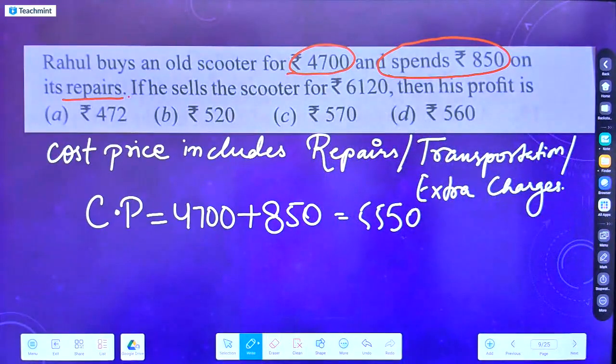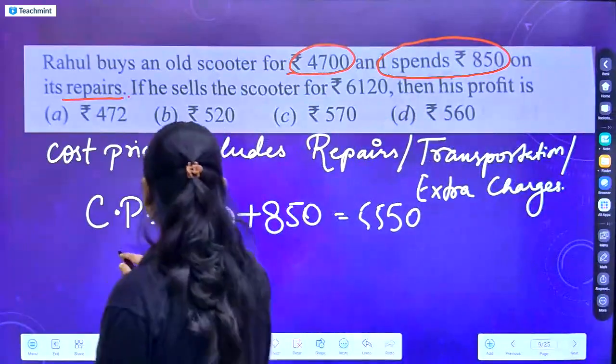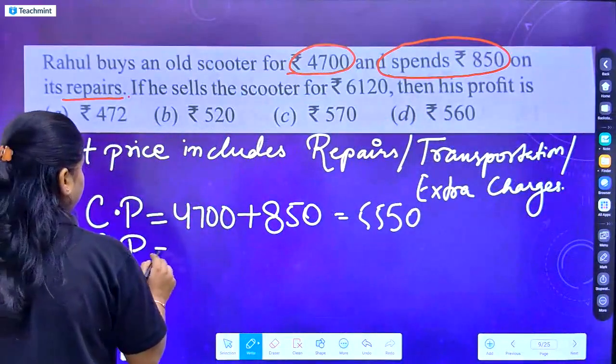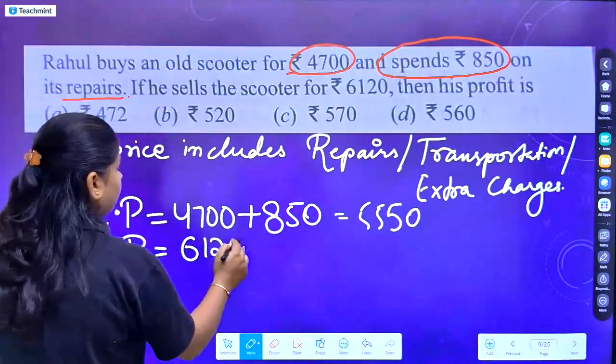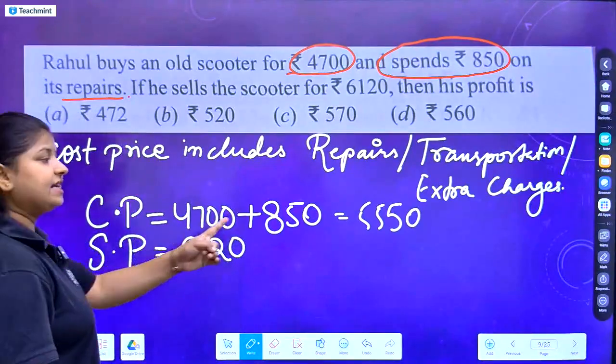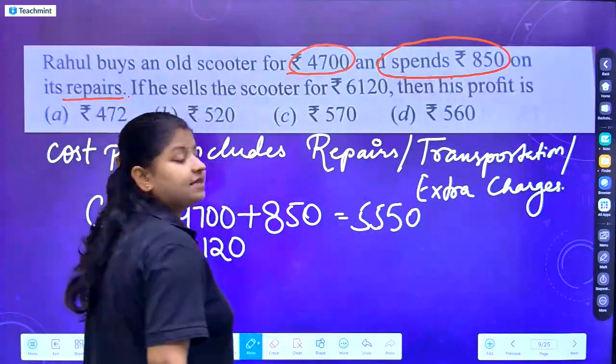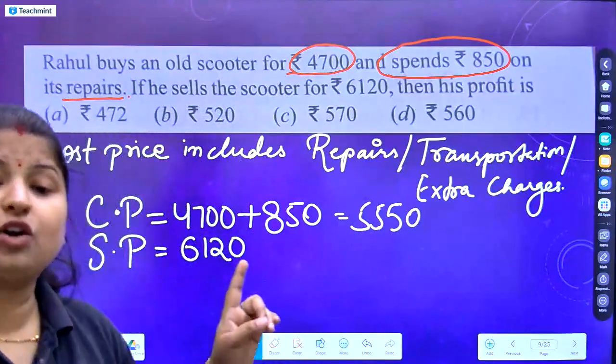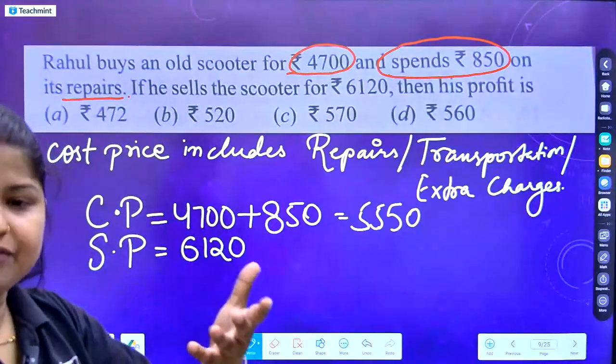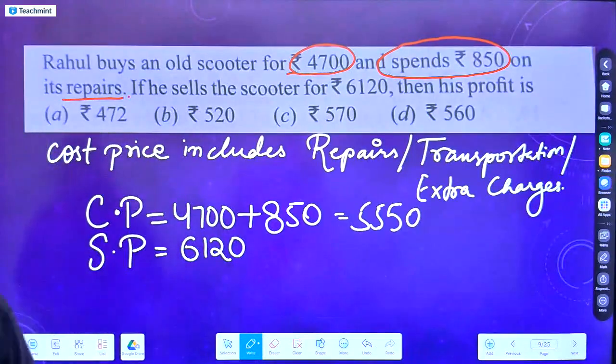It's 5,550. Now, the question says that he sells the scooter for rupees how much? For rupees 6,120. My selling price is more than the cost price. That means I have profit. Profit of how much?